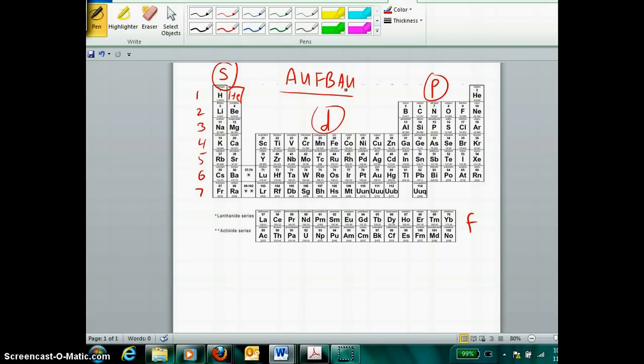And so we are placing electrons from lowest to highest energy sublevels. And if we fill the 3d sublevel after filling the 4s, the periodic table is trying to tell me that 3d electrons are more energetic than 4s electrons.